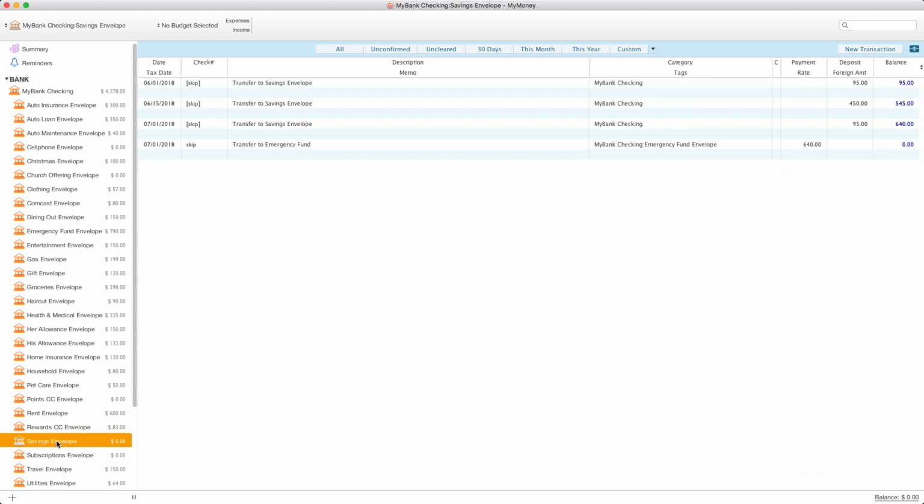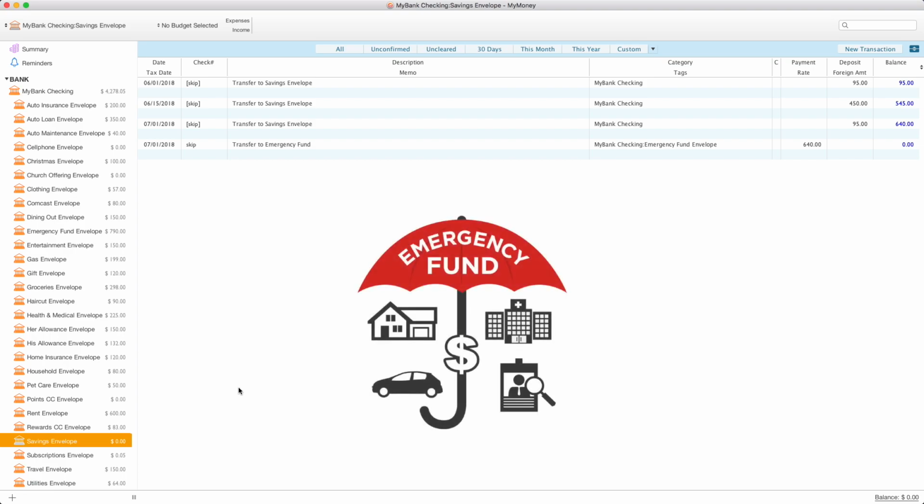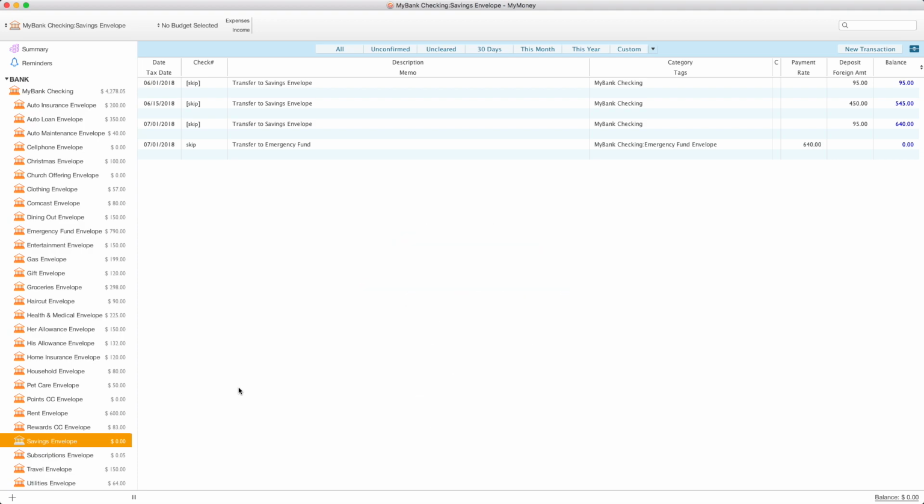Now, if you look at this savings account, it's zero. Why is it zero? Well, if you listen to any financial advisor, they're going to tell you a very important concept is to have an emergency fund. Dave Ramsey would say, before you do anything, you need to have $1,000 set aside for these little emergencies that pop up.